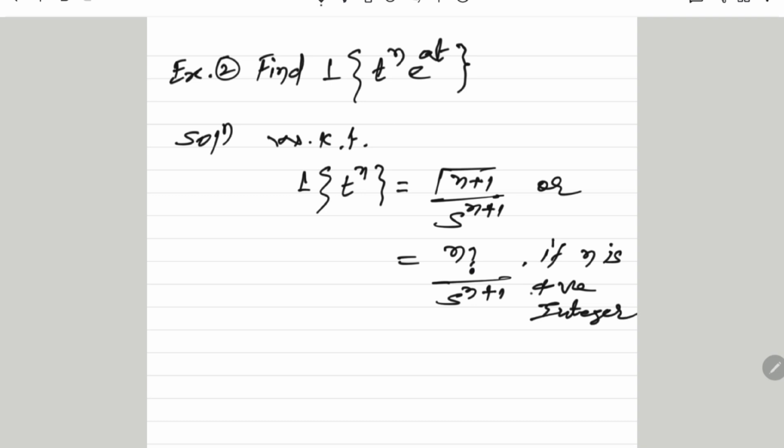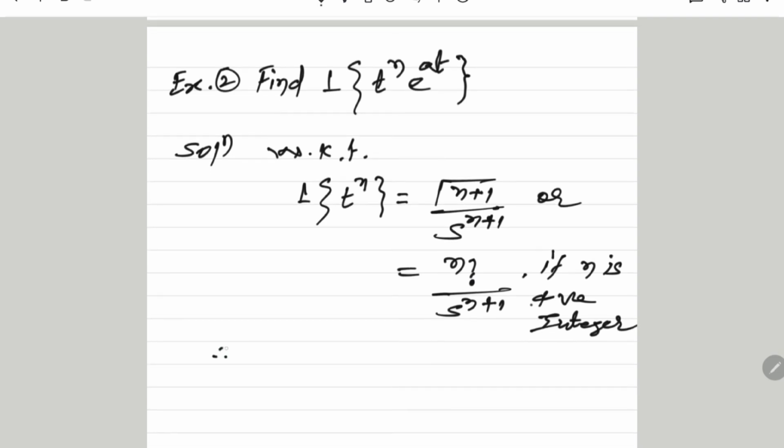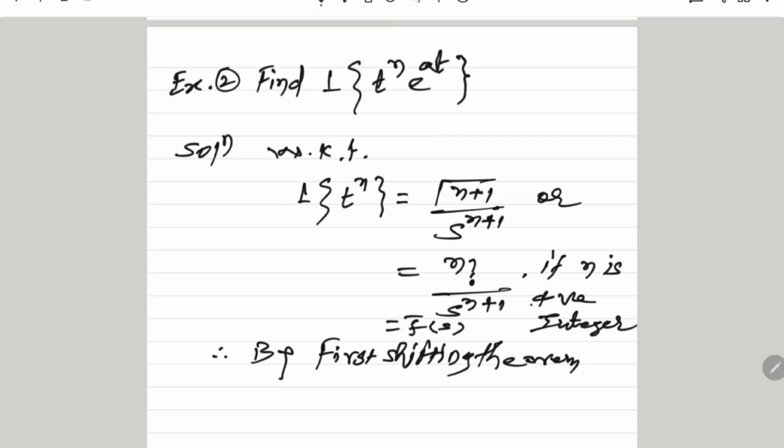Okay, and therefore by the first shifting theorem, before that we call this f bar of s, say two values, either the first one or the second one.